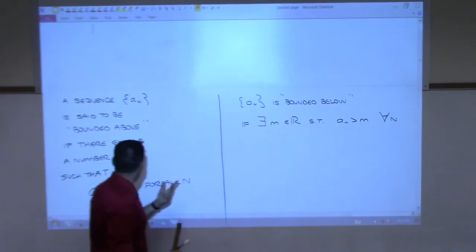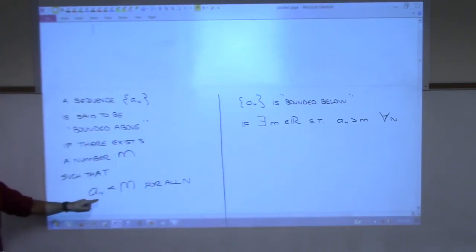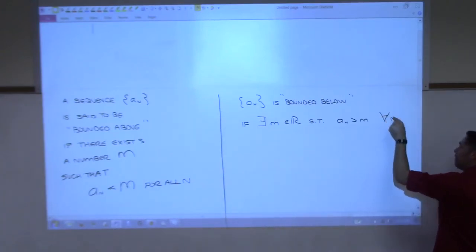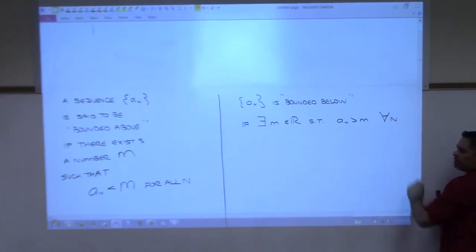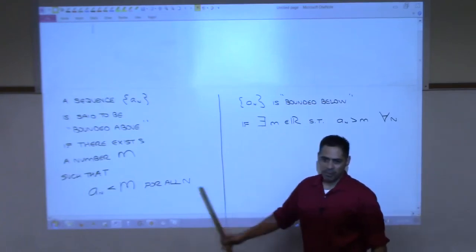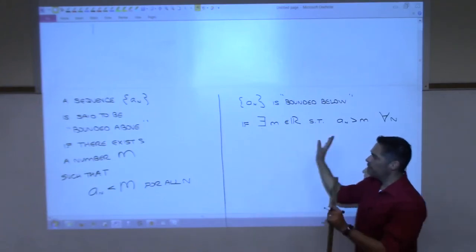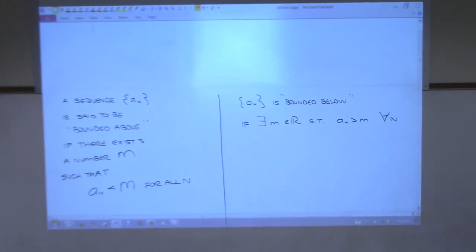Such that, we use s.t. for such that, the inequality is flipped over, and this upside down capital A with the n here means for all n. Right? I'm just giving you kind of a perspective. Math people like to write this way because that's a lot less writing, isn't it? And it's symbolic, and these are called universal quantifiers, and there's a whole language to it, but that's the translation of that into math.